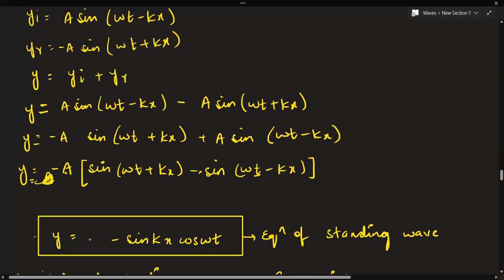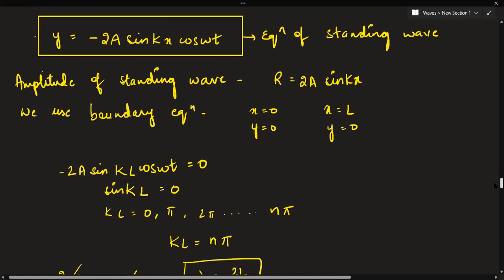It will be minus 2a sine kx cos omega t, similar to the equation of the standing wave that we have. Now see, regarding the amplitude here, it will be consisting of sine kx.